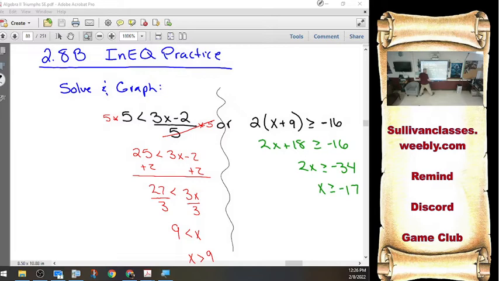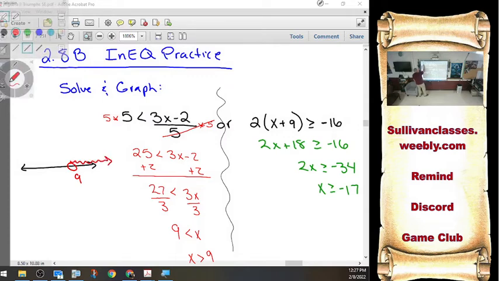See, if I was going to quick sketch that to see what's going on here, this one says x is greater than 9. That one says x is greater than or equal to negative 17.